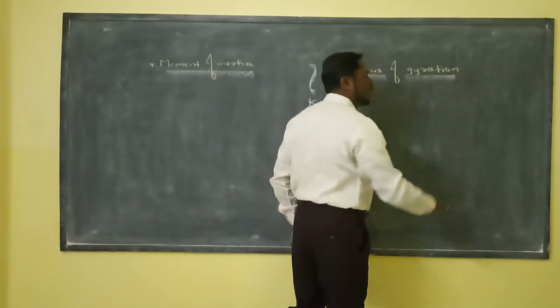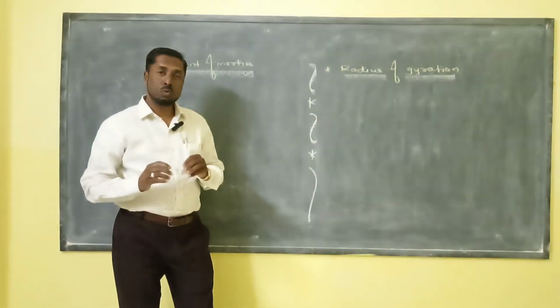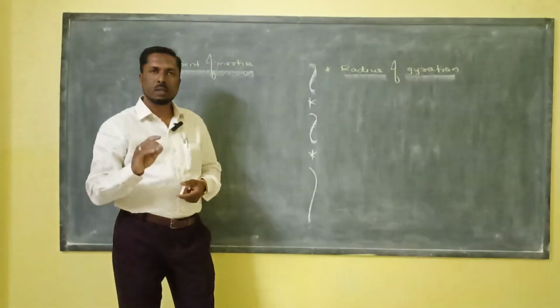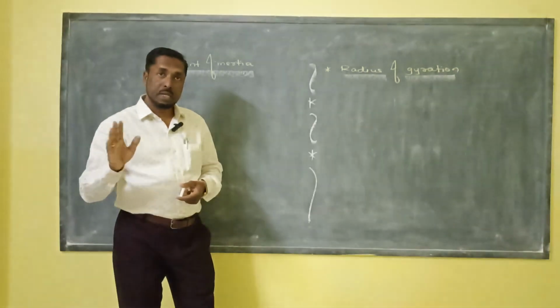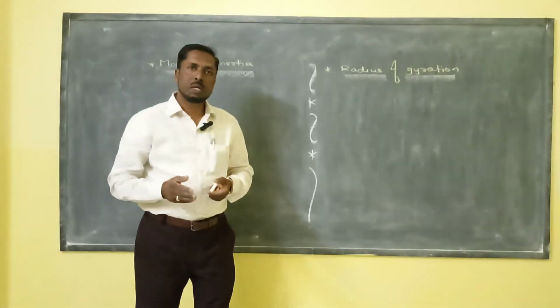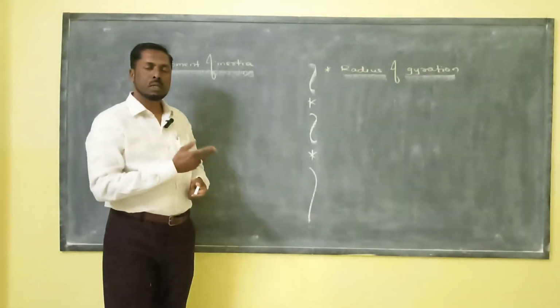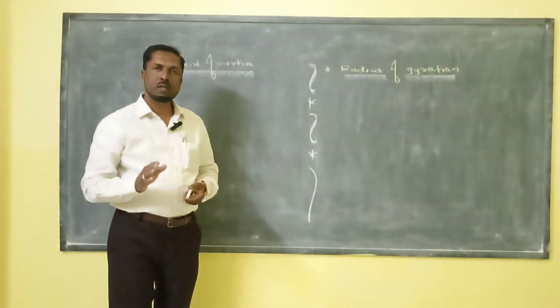Sometimes both definitions are asked for 2 marks. Sometimes only one definition, what is moment of inertia, or what is radius of gyration. Sometimes the dimensions and units of moment of inertia, or the dimensions and units of radius of gyration are asked.